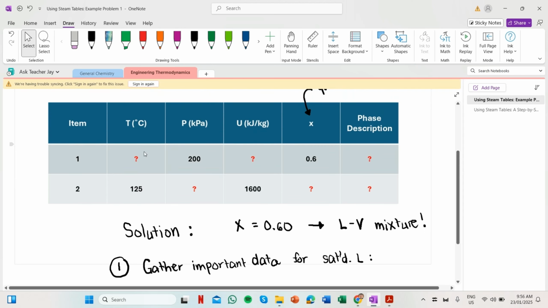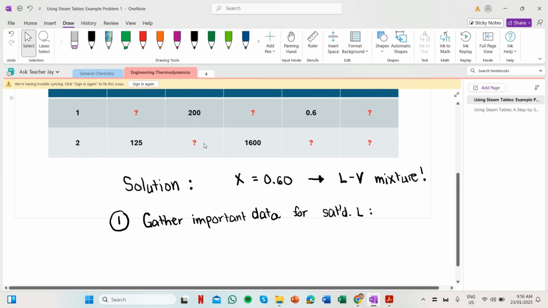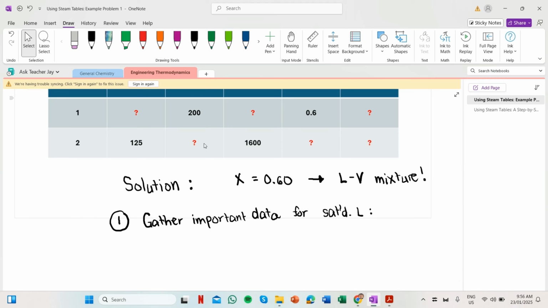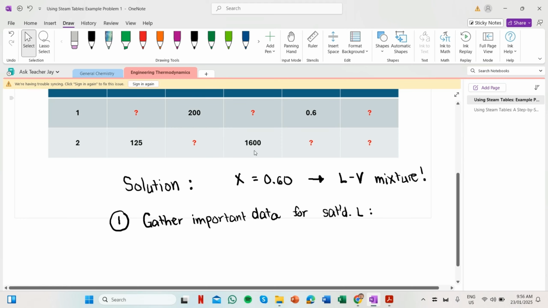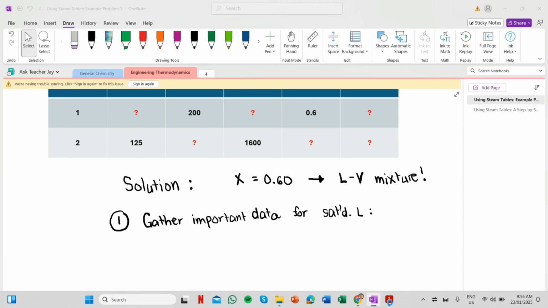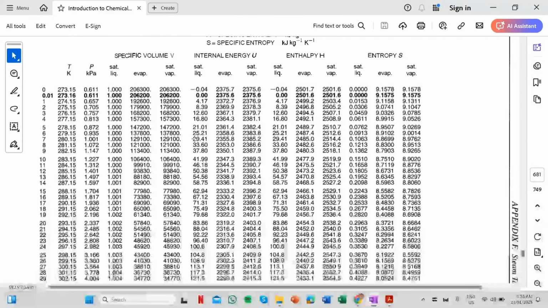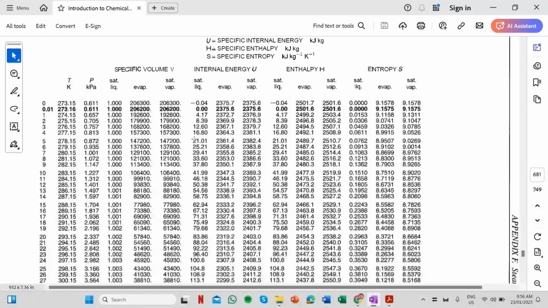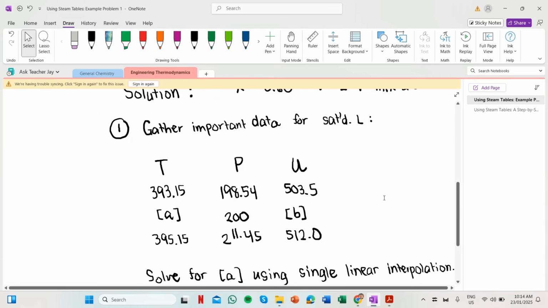So we are tasked to determine the temperature and the internal energy. The steam table data that I'll be using for this tutorial is the steam table data from Van Ness. So I have here the textbook, Introduction to Chemical Engineering Thermodynamics, 6th edition.